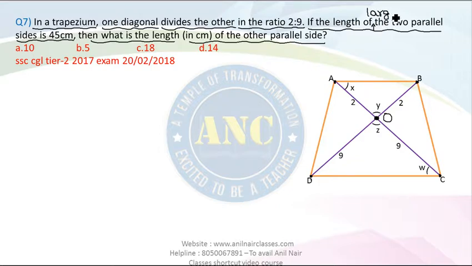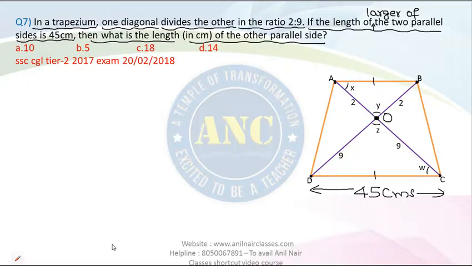How can both the parallel sides be equal? Out of these two parallel sides, the larger is CD. If CD is 45 centimeters, find the value of AB. I hope it is clear for you.